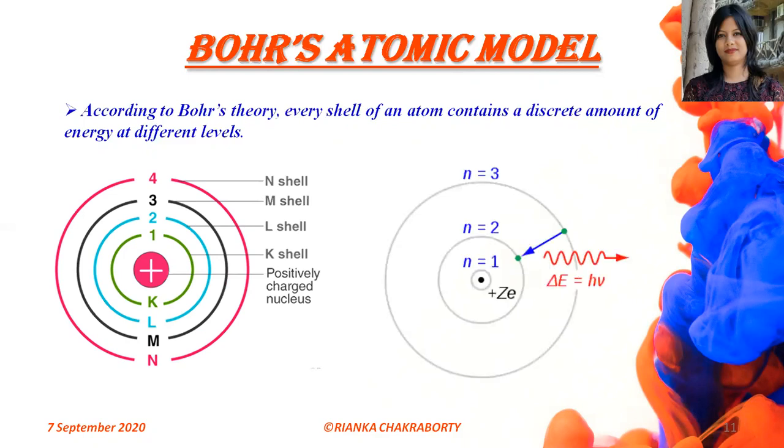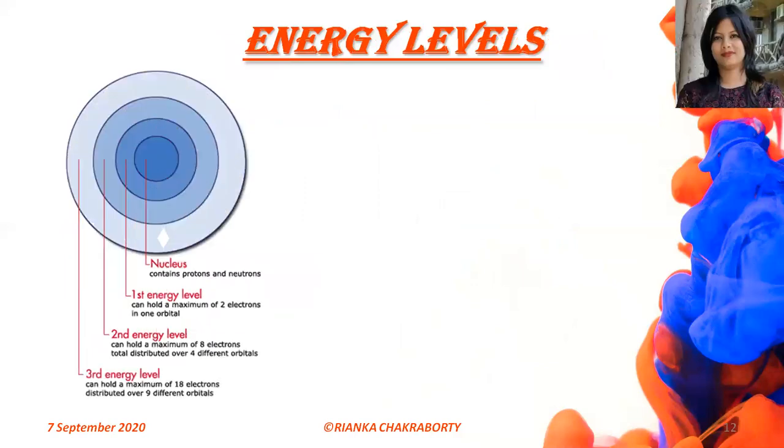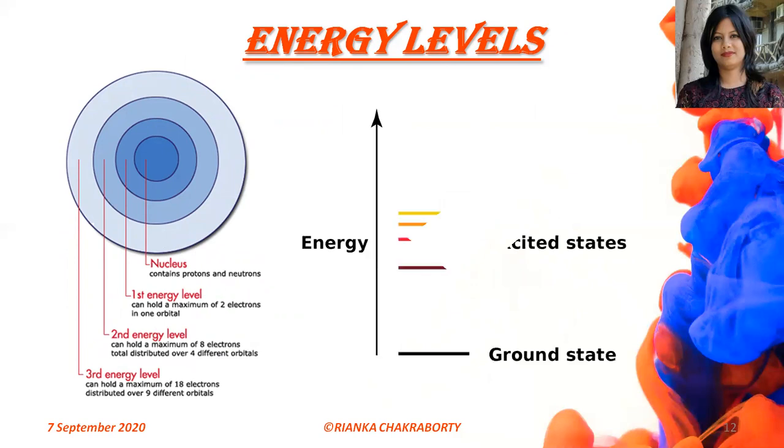So this is the energy level diagram in which the first orbit represents the first energy level, the second orbit represents the second energy level, and so on. These allowable energies are represented by horizontal lines in a diagram. This is known as the energy level diagram of the atom.